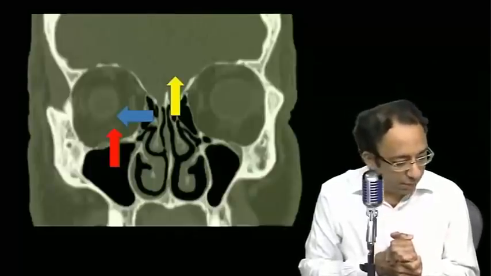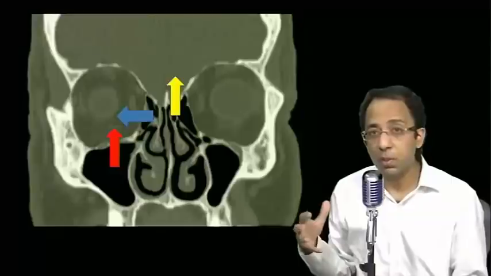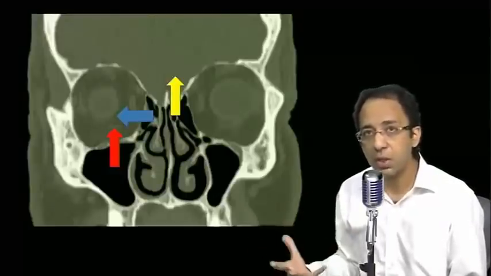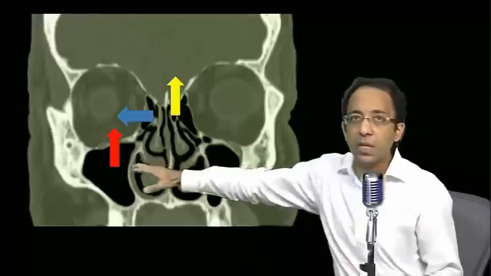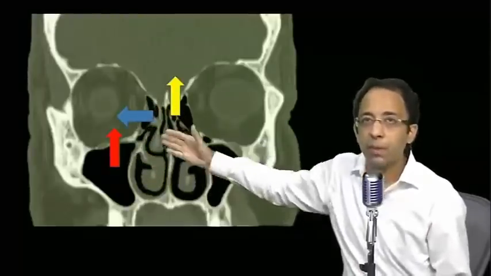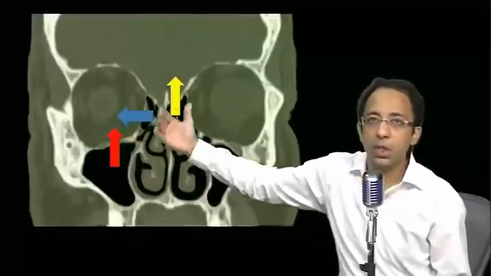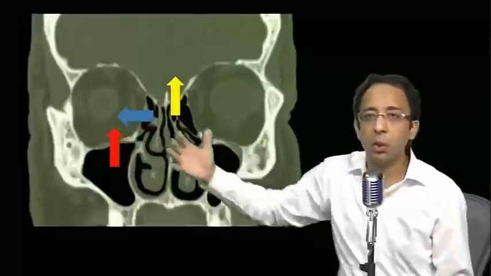Now, this is a normal CT, but the reason I'm showing you these multicolored arrows is because I want you to see the problem with mucor: because it is angioinvasive, it invades the blood vessels and the surrounding tissue. From the sinus, it can go into the orbit, or from the medial wall, it can go into the orbit. The medial wall is the thin wall, so the infection can go into the orbit.